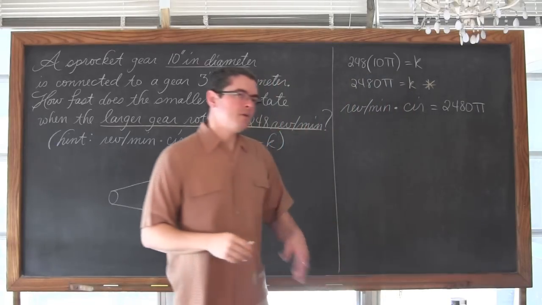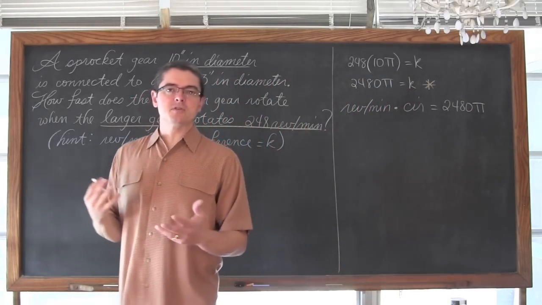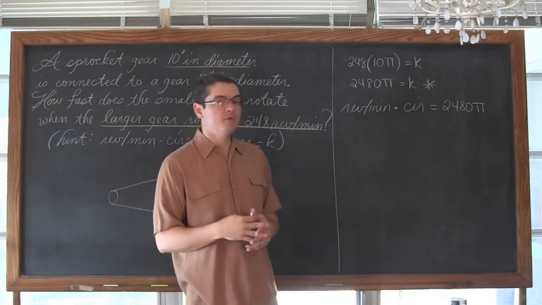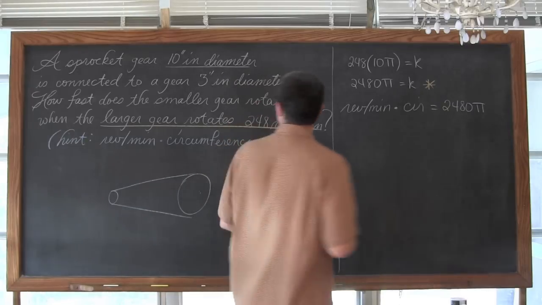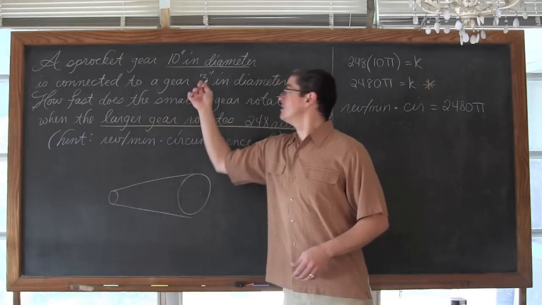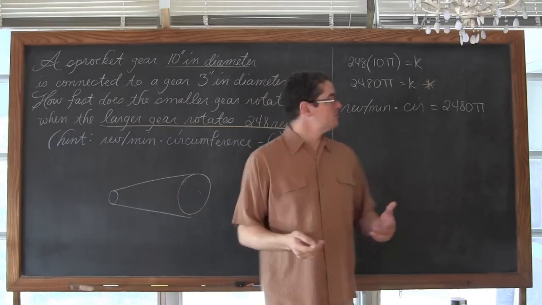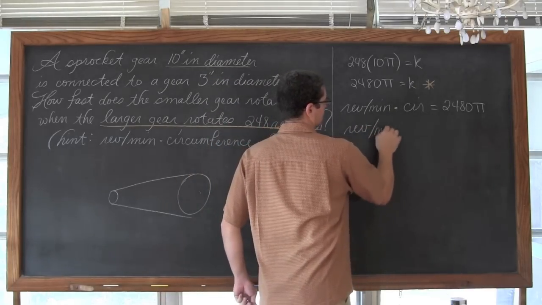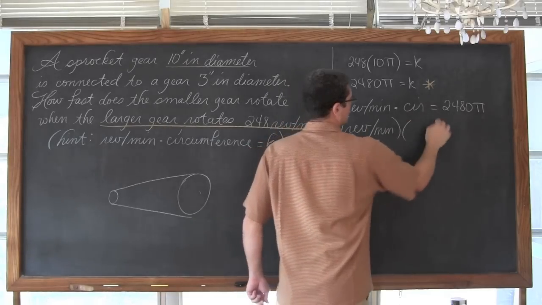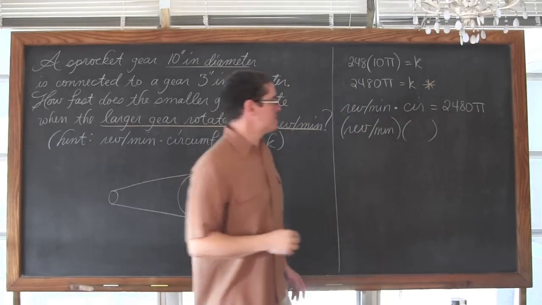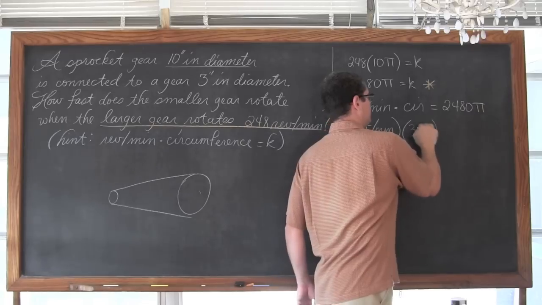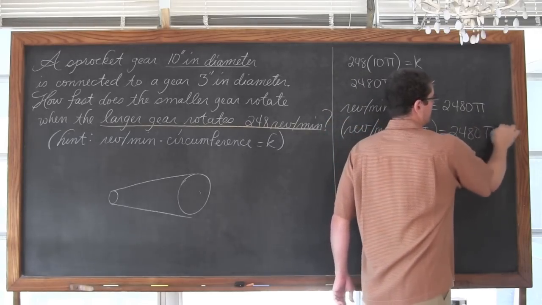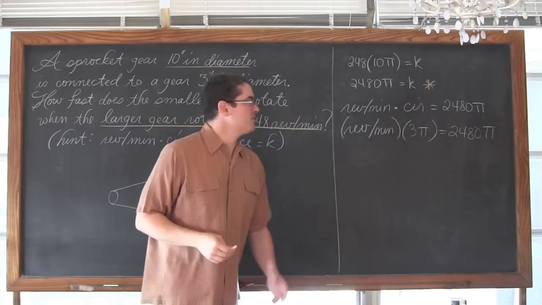Okay. So now we're going to move on to the small sprocket. We've used all the information we can from the large sprocket, the 10-inch diameter sprocket. Let's move to the one in the back. The one in the back has a 3-inch diameter. So revolutions per minute times its circumference, its diameter again is 3, so its circumference is 3 pi, is equal to 2480 pi, the constant of variation that we found from the front sprocket.